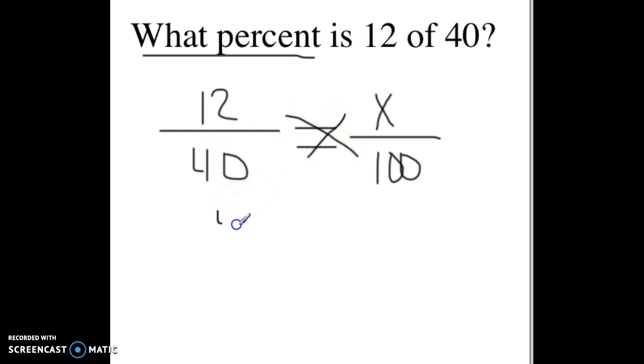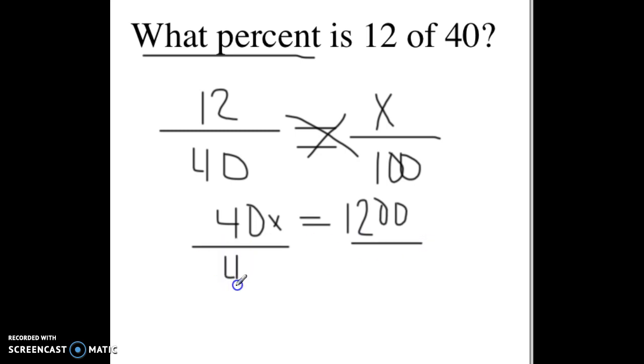So I'm going to do my cross products like normal. I'm going to do 40x equals 1200. And then I'm going to divide by 40, divide by 40. And when I do that, well, let's see what I get. Yes, I'm going to the calculator. 1200 divided by 40 equals 30. So x equals 30.